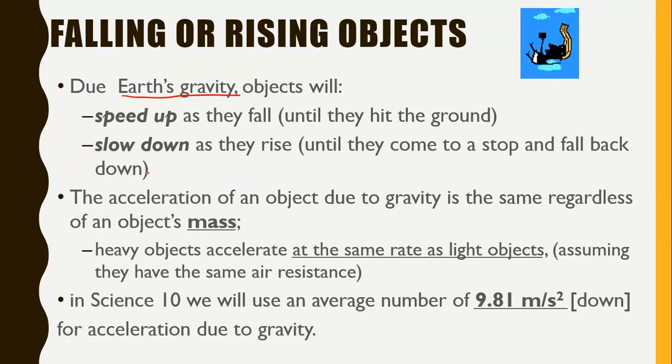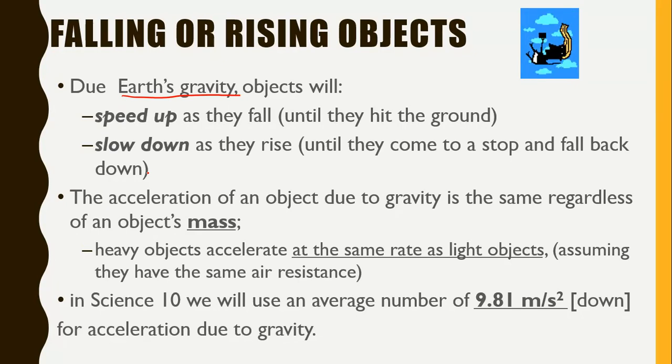When you let that bowling ball go, not throwing it down, but just letting it go, it is going to start to fall toward the Earth's surface because of gravity. Gravity is pulling on that bowling ball, and every second it is speeding up because of gravity.